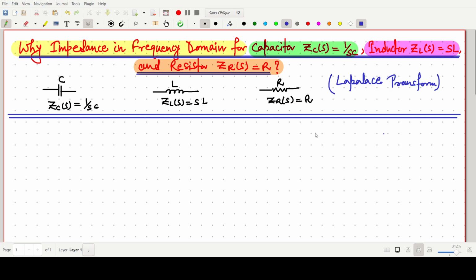With this transformation, we are analyzing the circuit algebraically rather than solving differential equations.